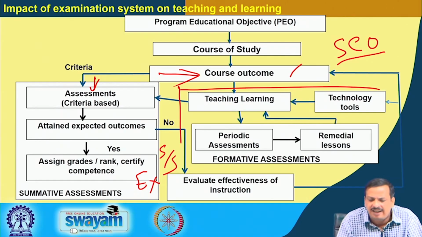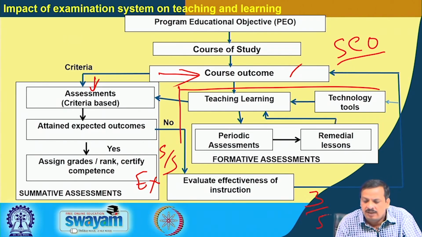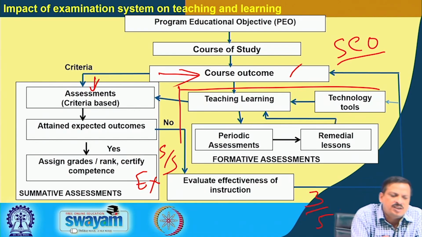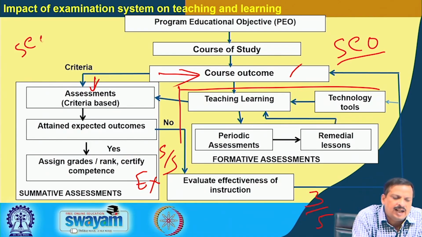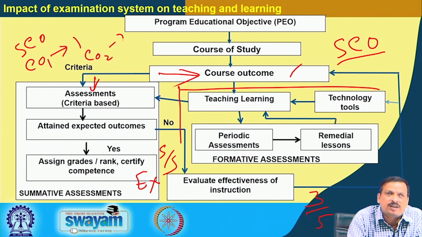A student attains only 3 COs. So, 3 by 5 is the attainment level. I can assign grade accordingly. You can also change the weight vector of each CO. Suppose I write 5 COs and, based on the complexity, CO number 1 has weight vector 1, and CO number 2 and 3 both have weight vector 2.